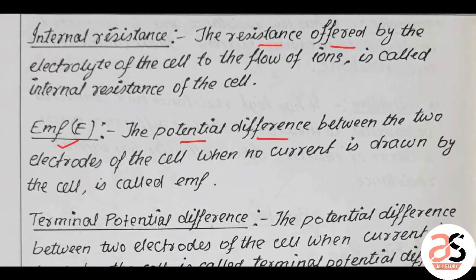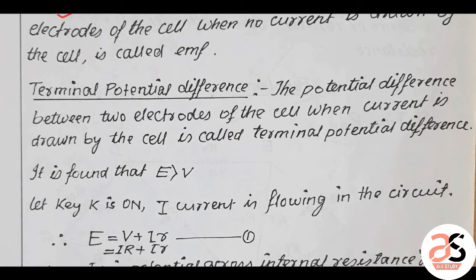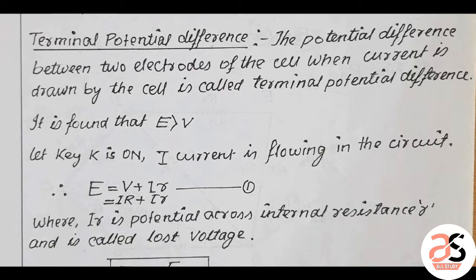Now next is terminal potential. The terminal potential difference is the potential difference between the two electrodes of the cell when current is drawn by the cell.